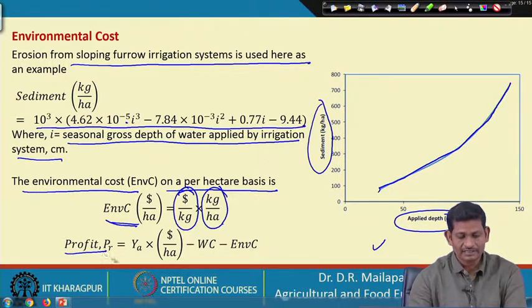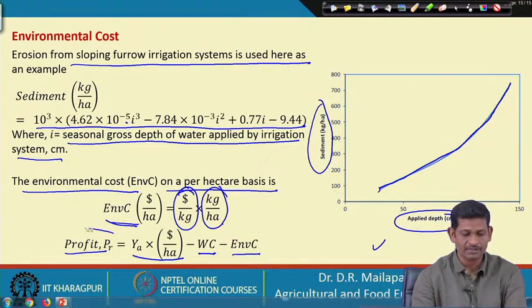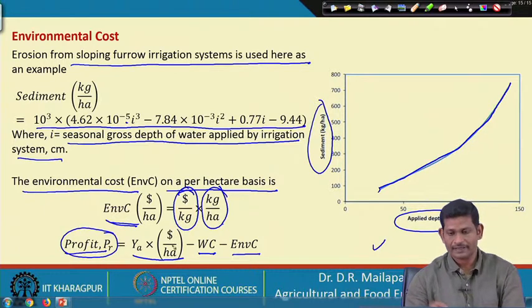So, the crop income is the total income you get at the end of the season, then there is the water cost and the environmental cost. So, the crop income minus water cost minus environmental cost will be profit.